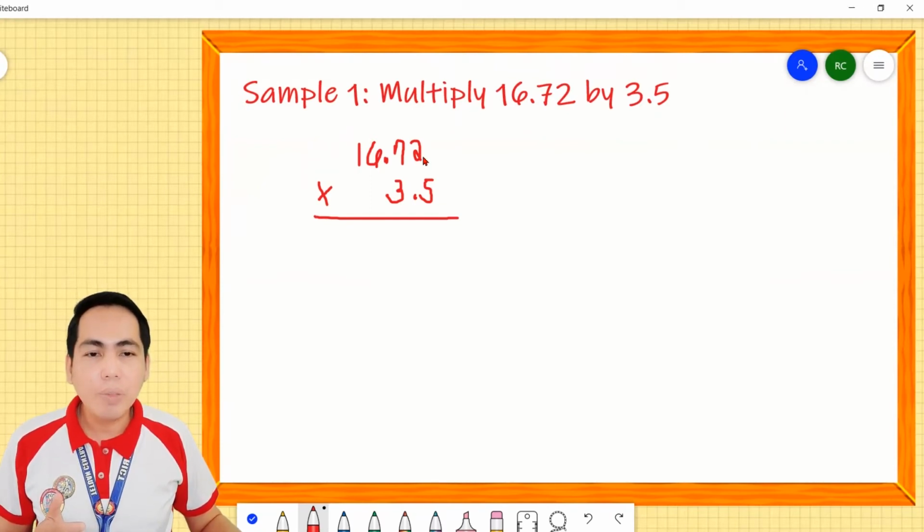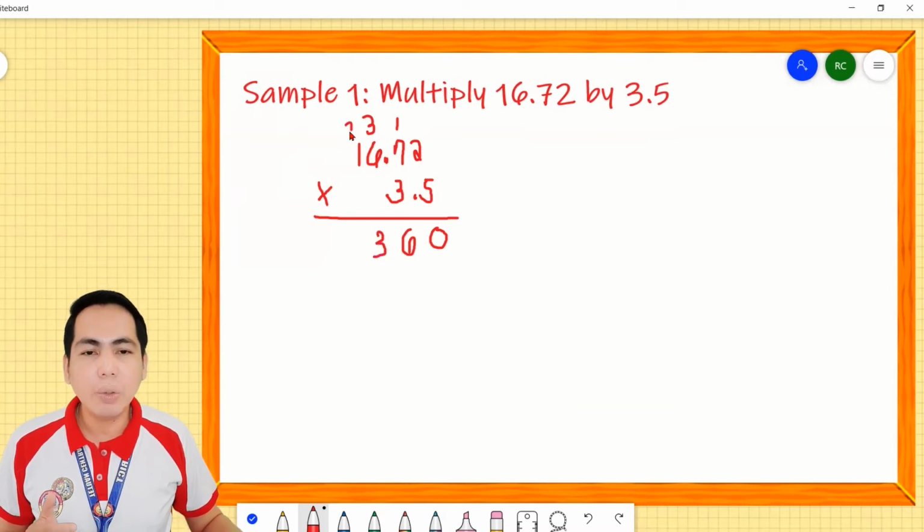So 5 times 2 will give us 10. So 0, regroup 1. 5 times 7 is 35 plus 1, we have 36, so we have 6, regroup 3. 5 times 6 will give us 30 plus 3, we have 33, 3, and then regroup 3. 5 times 1 is 5 plus 3 is 8.